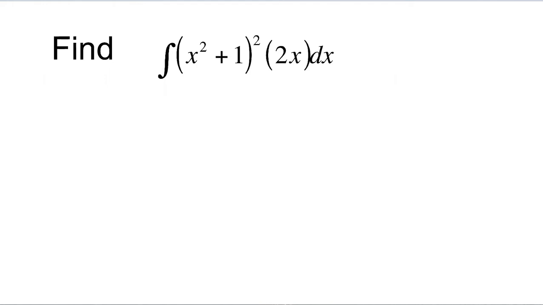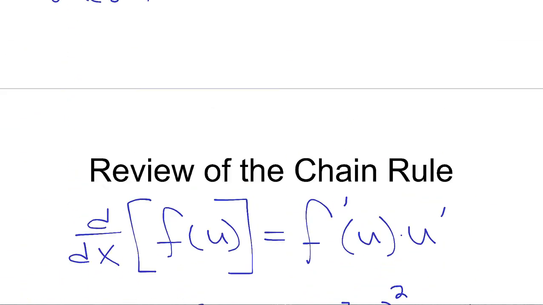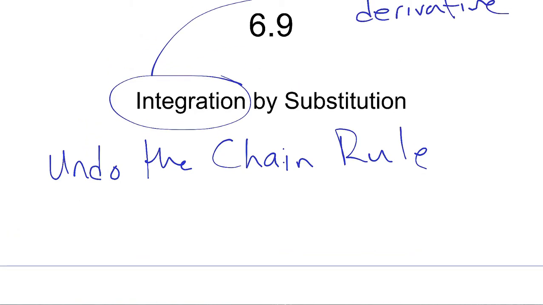Well, what we do on this is we use a thing called substitution, the idea behind substitution, inserting one thing for another.